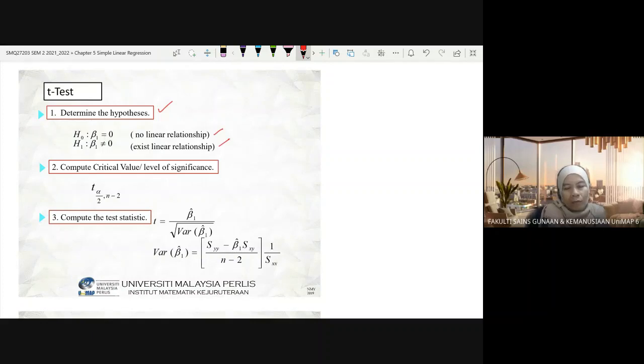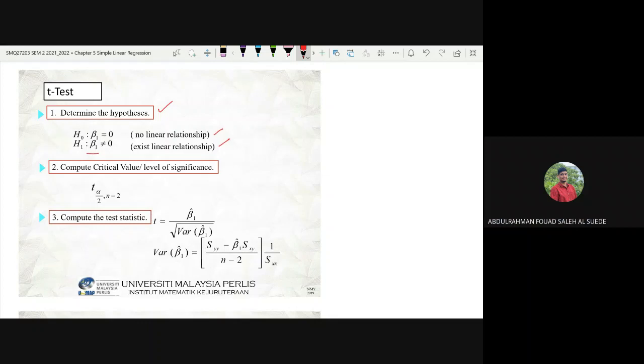My question will be, why are we using beta 1 instead of beta 1 hat, class? Can someone answer me? Why are we testing beta 1, not beta 1 hat? Yes, because we want to make a conclusion for the population.